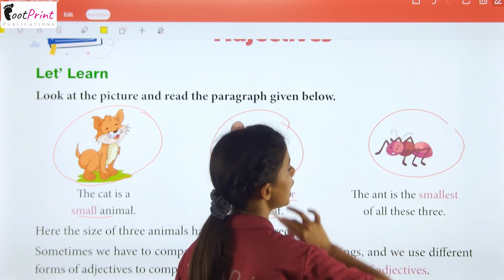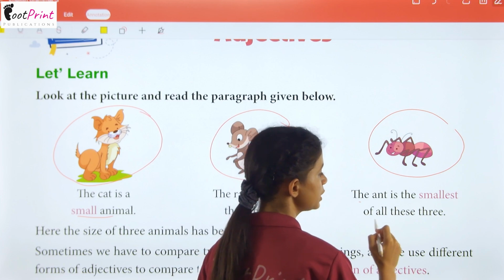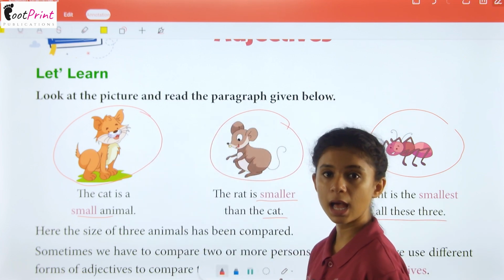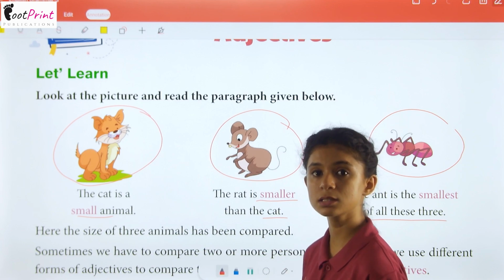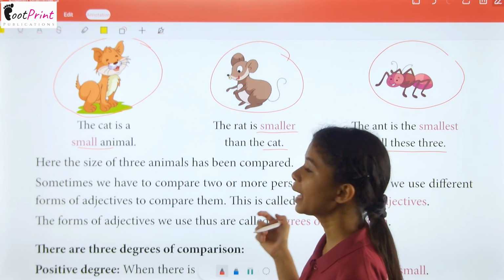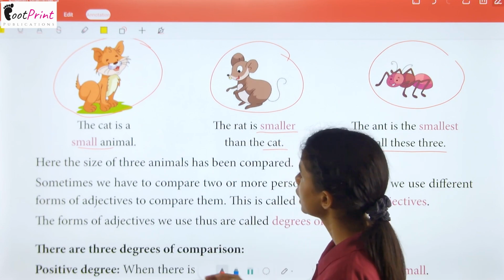And in this picture we have an ant, which is the smallest of all these three. When you compare all these animals, we find that the ant is the smallest of all. Here we have compared the size of these three creatures.